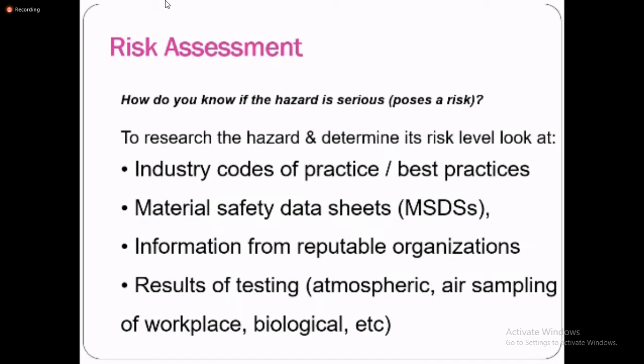Therefore, likewise, you can search for those types of information and liaise with reputable organizations and get that information. And results of the testing. Based on the results of the testing, also you can consider how serious the hazard is. Yeah, biological hazards. Okay, right.